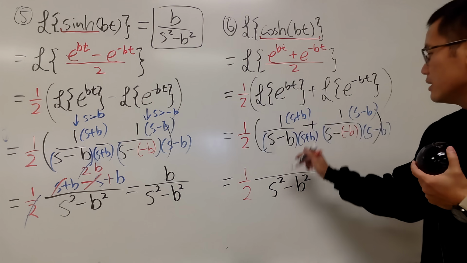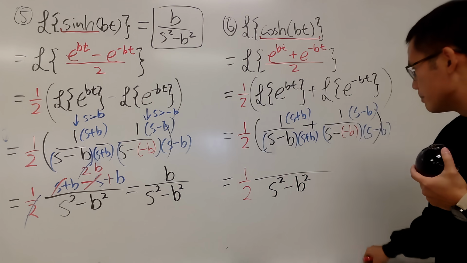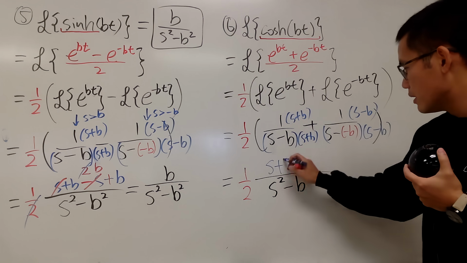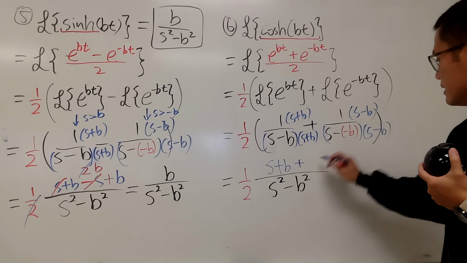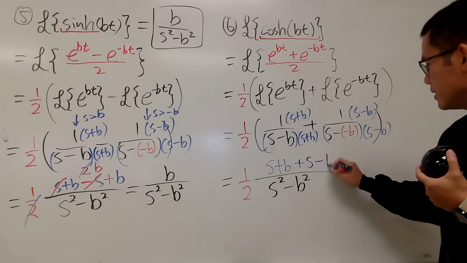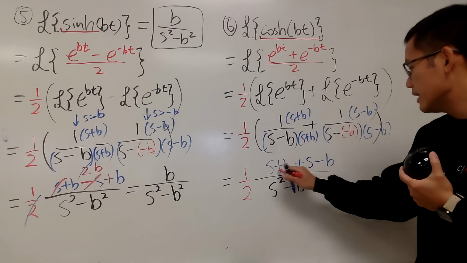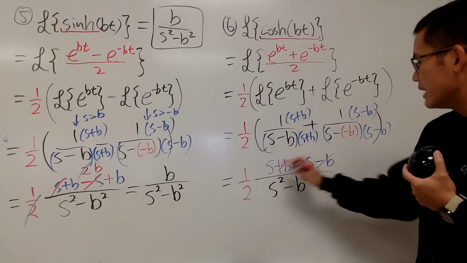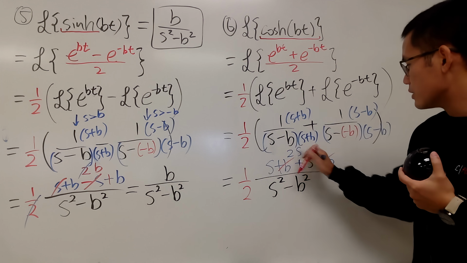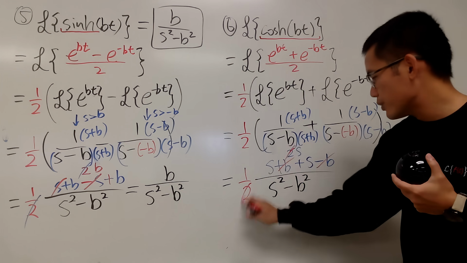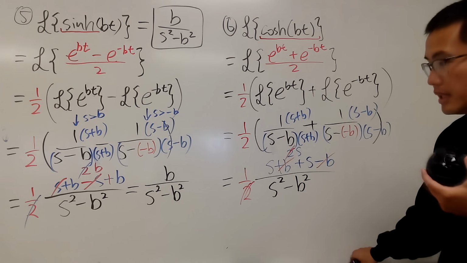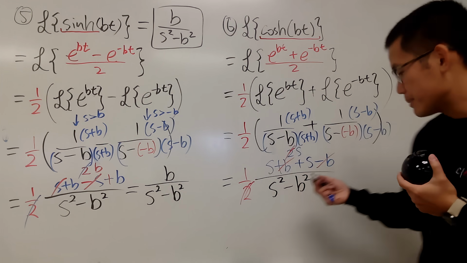On the top is S plus B, and then this is plus, and this is S minus B. In this case, the B and B cancel. S and S is 2S, so the 2 and then the 2 cancel. So in the end, we end up with an S on the top.